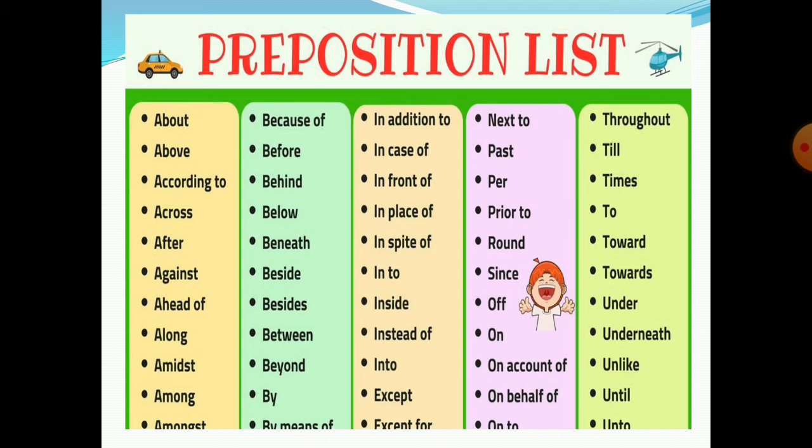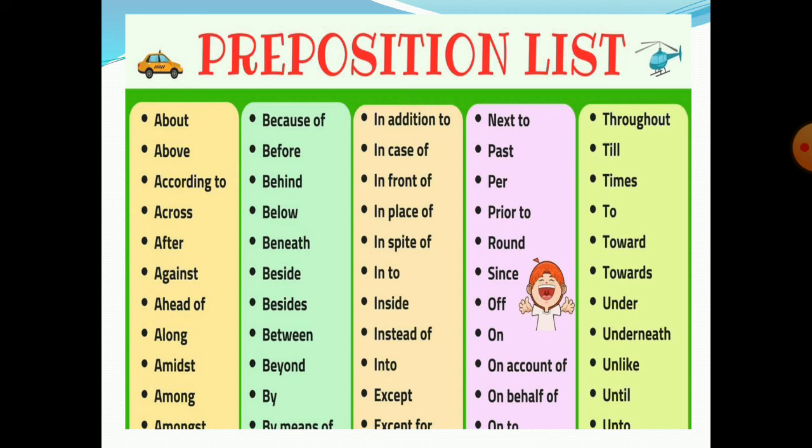And these phrase prepositions are formed by group of words. And these group of words are used to convey a single idea like agree with, agree to, tired of, I'm tired of working, wait for, different from, ashamed of. All these are the examples of phrase prepositions.